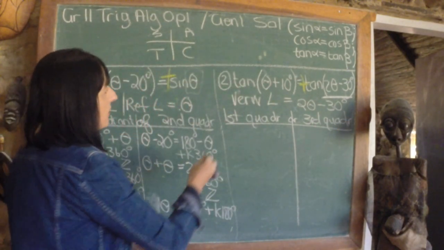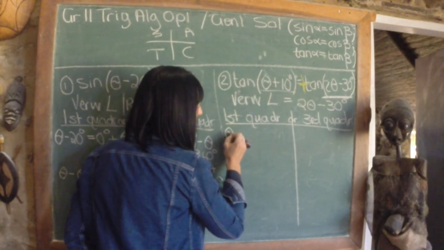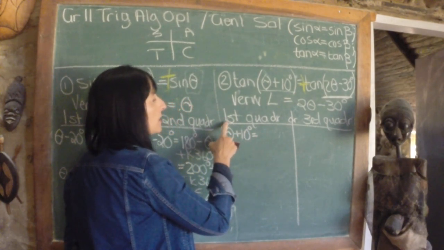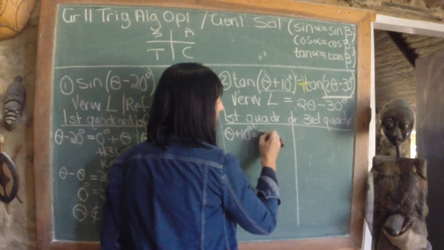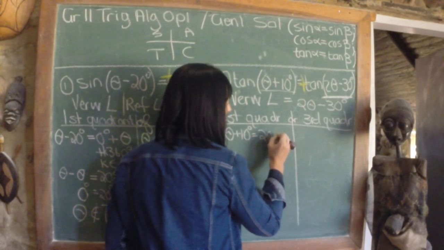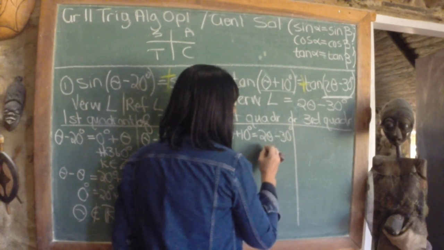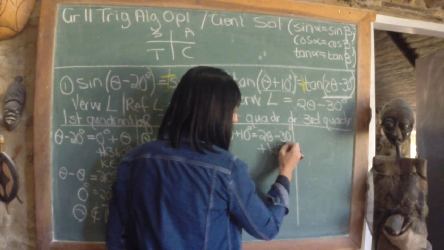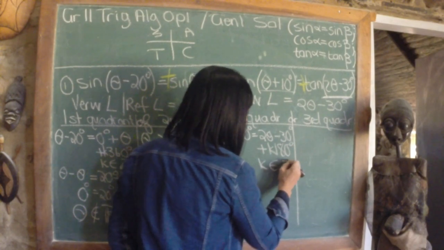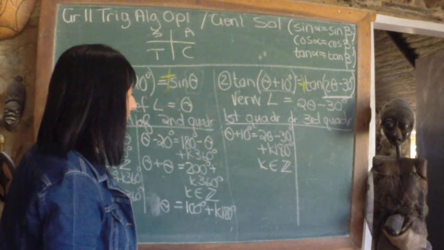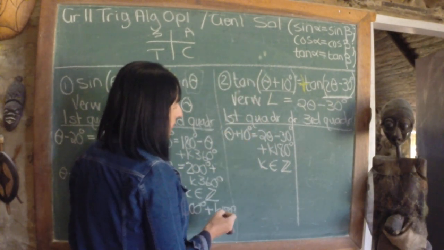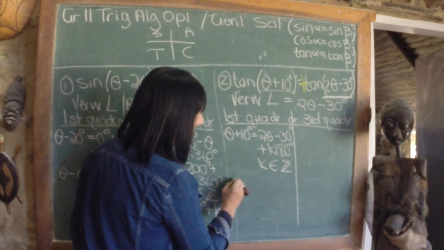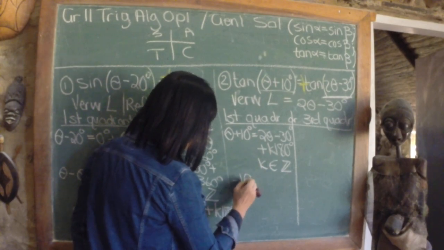Now, we are busy with angle theta plus 10. So ons begin daar. Theta plus 10 is gelyk aan, in ons eerste kwadrant is dit 0 grade plus ons verwysingshoek, so ek hoef nie die 0 grade te skryf nie, plus, and remember, the tangent is a 180 cycle, k element of z. Kom ons gaan hierdie nou vereenvoudig, as ek die 2 theta hierdie kant toe bring, dan word hy 'n minus 2 theta, theta minus 2 theta is minus 1 theta.